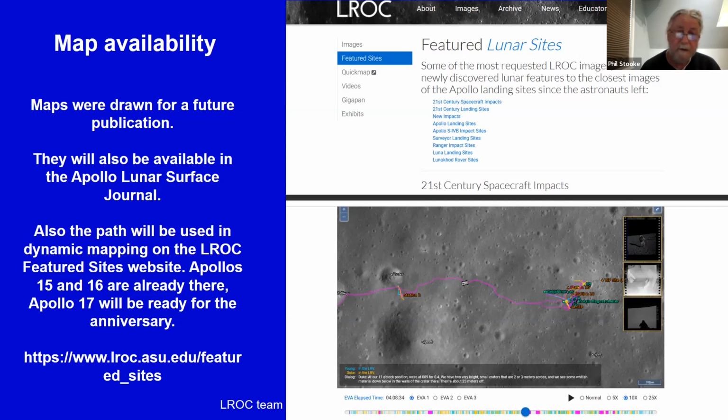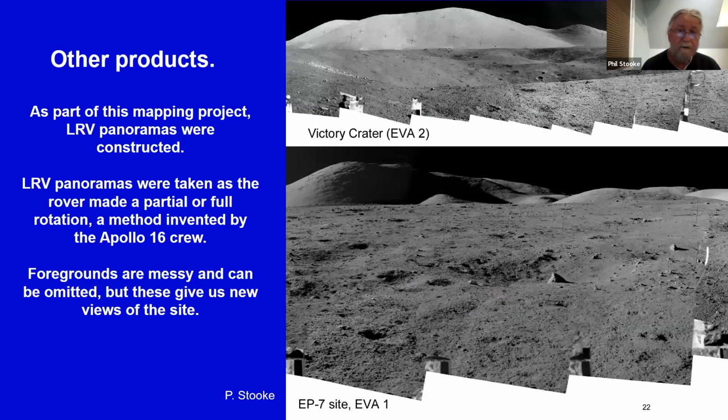And if I could go to the next slide, please, just to quickly pack up. In some places, the rover was driven around in a little loop and pictures were taken to make a rover panorama. The one at the top is Victory Crater on EVA2, and the one at the bottom is the EP7 site on EVA1 that I pointed at then.